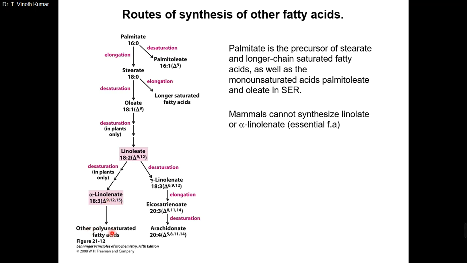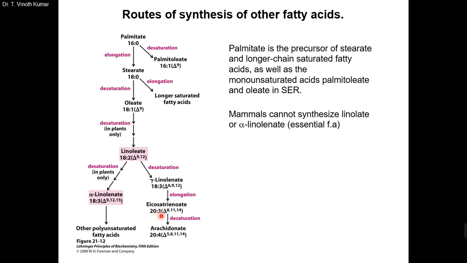So from this, other polyunsaturated fatty acids are formed. From linoleic acid, further desaturation will form gamma linolenic acid. That is 18:3, with 3 double bonds: delta 6, delta 9, and delta 12. By further elongation, eicosatrienoic acid will be formed, and this is a very important compound in inflammation and controlling the inflammation processes.